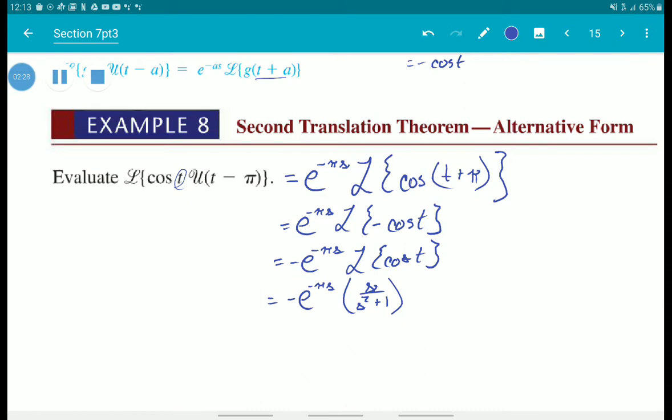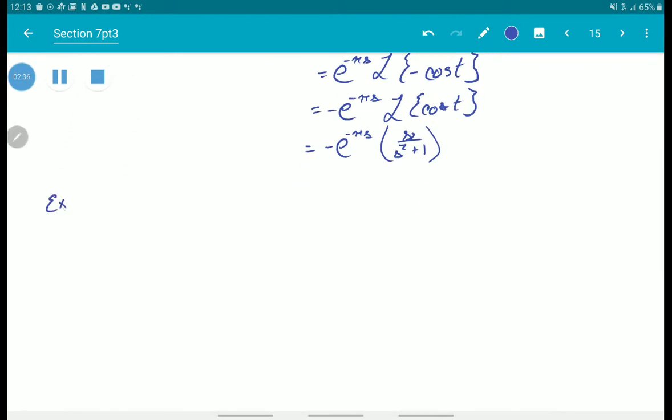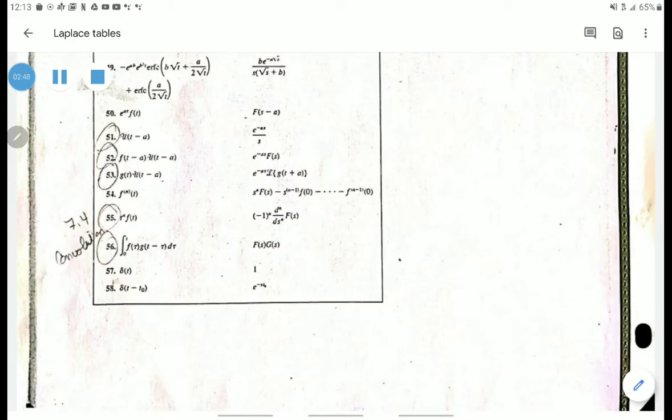So I want to do just a few more of these to kind of get really familiar with these formulas. So let's do another example. Let's say we want to find the Laplace of t minus 1 times the unit step t minus 1. Well, if we go back to our cheat sheet, we've got t minus 1, u of t minus 1. That ends up being number 52.